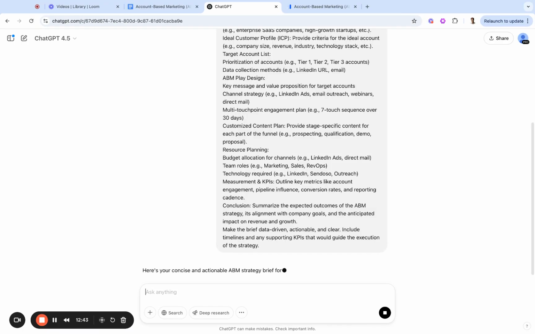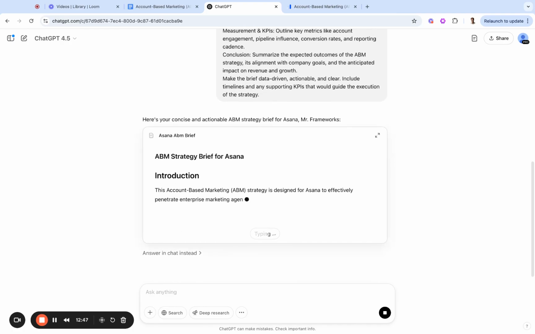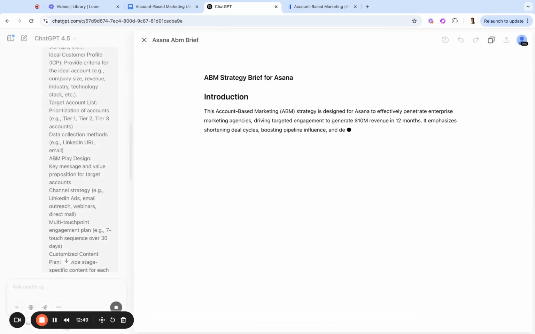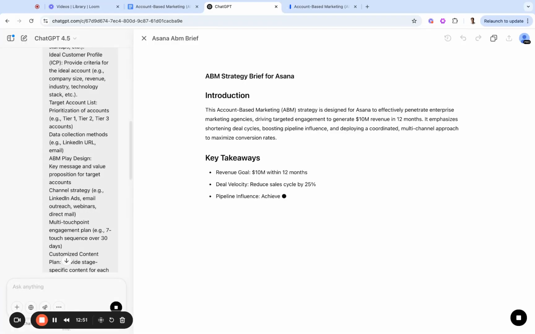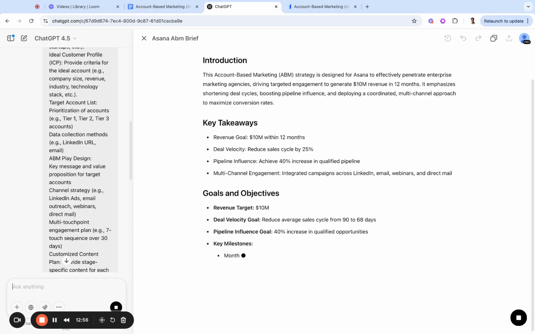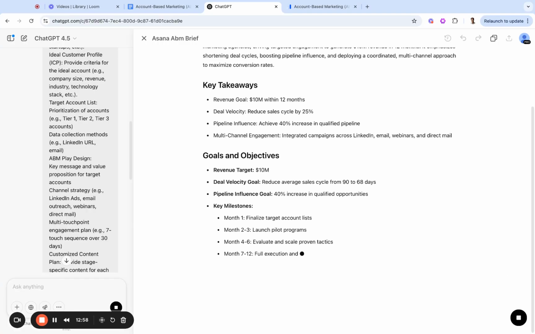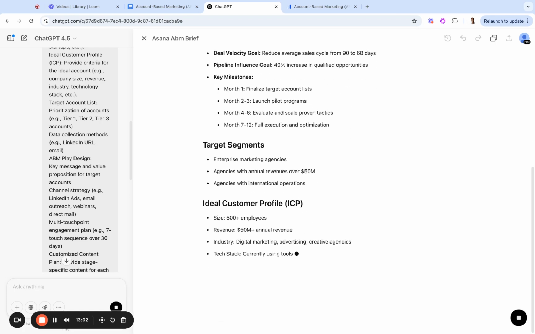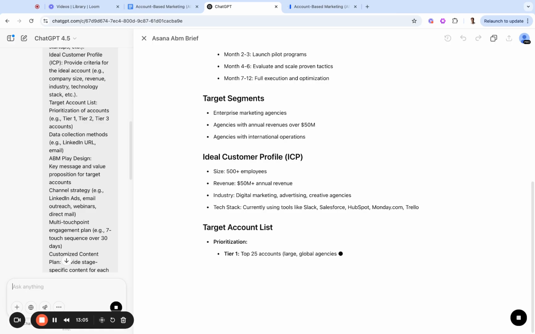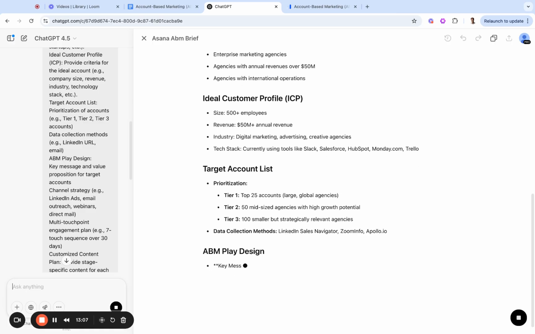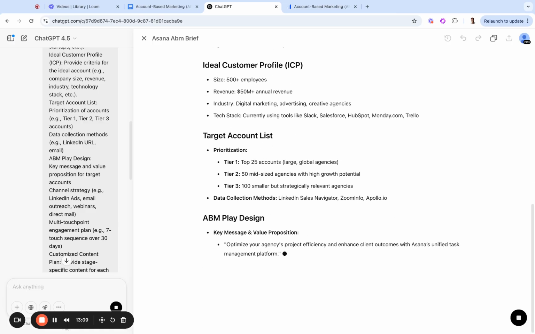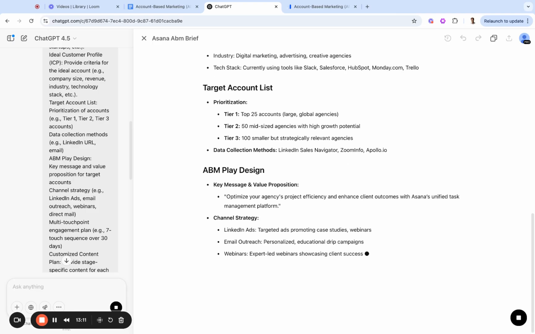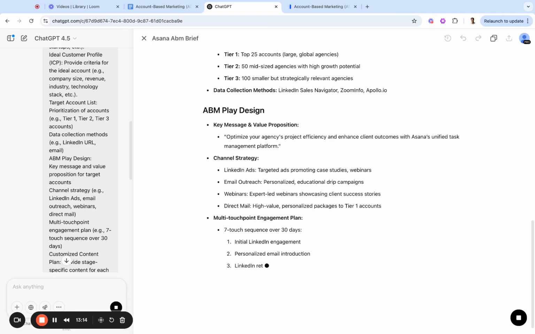And so this script will now run, and as though you were running the ABM program at Asana, this could be the actual output that you use as a starting point. I just want to say as a starting point, it gets you to have a big advantage and head start, but then you want to copy and paste this, put it in a Google Doc, and then customize it and edit it based on your requirements, or further prompt this to modify certain sections of the document here.